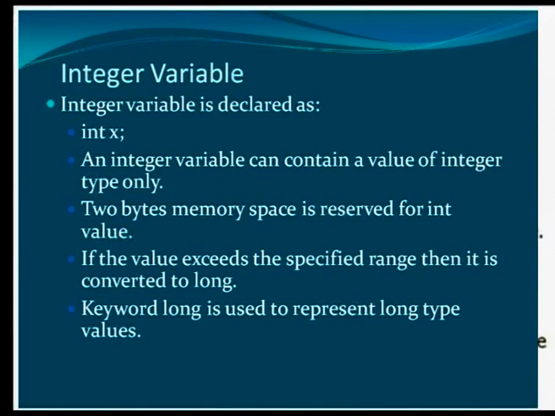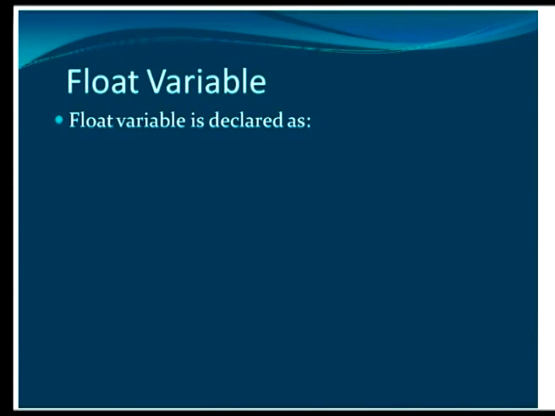Keyword long is used to represent long data type values, and for long type values 4 bytes of memory space are reserved. How to define float variables? A float variable is declared as float y.